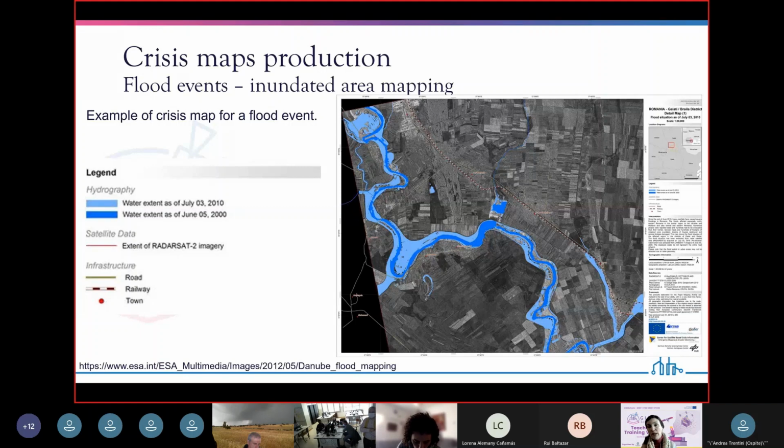So the Copernicus service, for example, can be activated for monitoring the event, so not only acquiring the first available image, but also to consider acquiring additional images afterwards in order to check how long the water is staying and in how large territories.